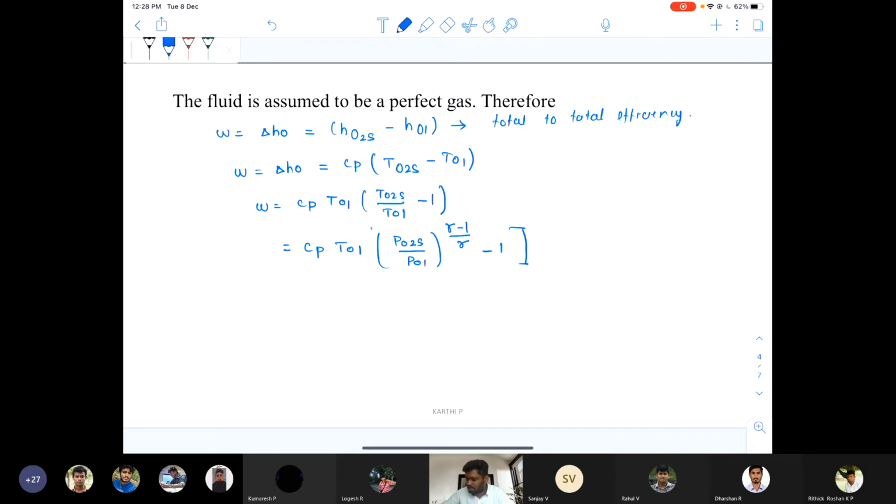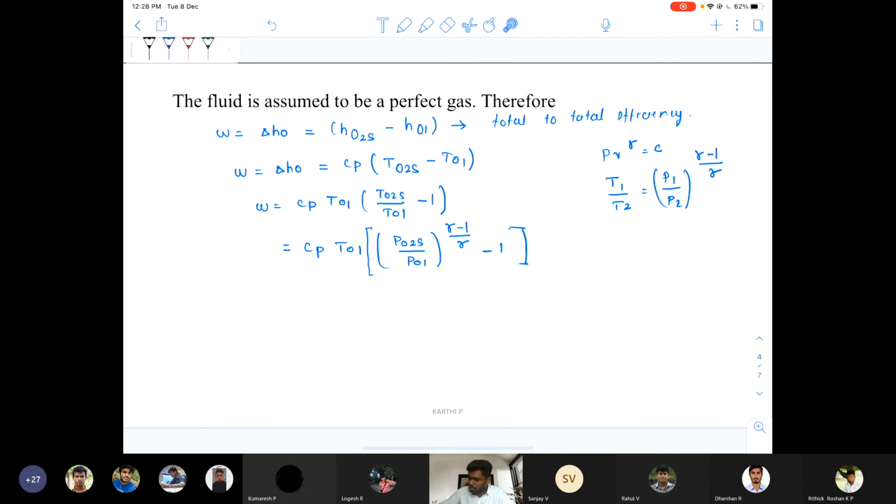Here P02S is for the isentropic process, since for an isentropic process PV to the power gamma is equal to constant, and you can take T1 by T2 is equal to P1 by P2 to the power of gamma minus 1 divided by gamma. We have used this expression for writing this equation.